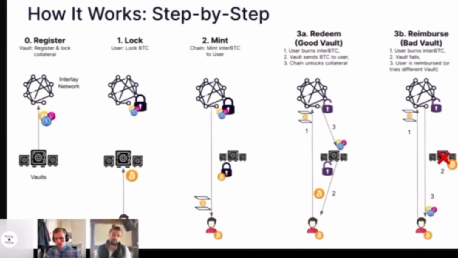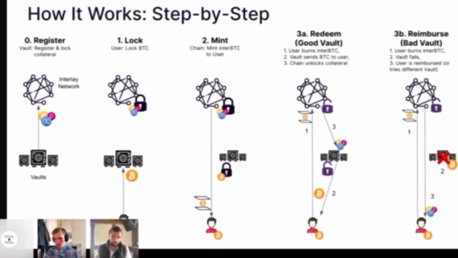So a vault locks up 250%, which enables the locking up of 100% of the value of Bitcoin inside that vault. So any user can come along, use this vault, lock their Bitcoin, mint InterBTC, and use it in all the things that I discussed above.